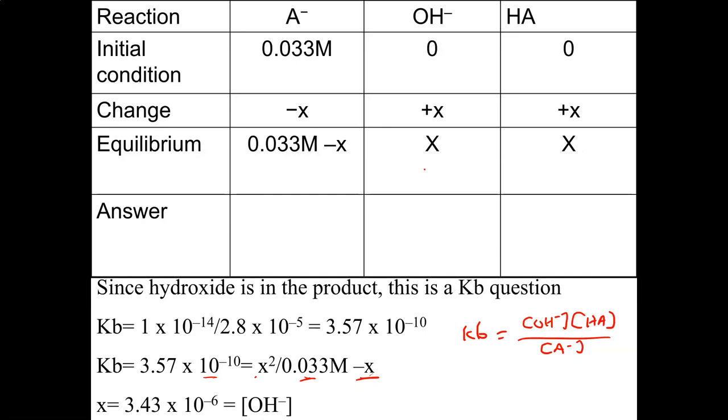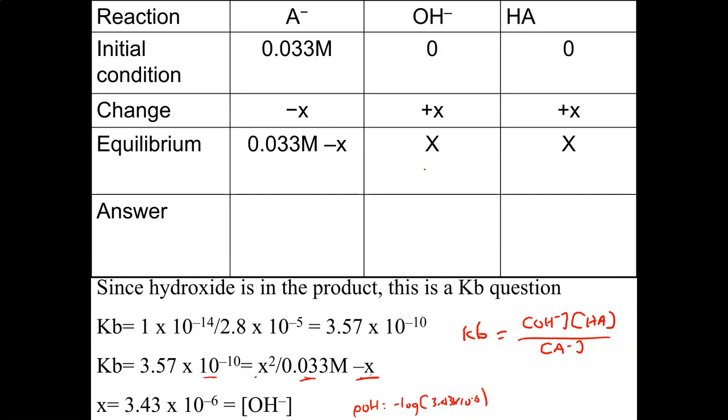So now I have an OH, and now I can figure out the pOH and then figure out the pH, and that's what I'm going to do. So my pOH would be, I think they only asked for hydroxide, right? But let's say you had to do the pOH. So pOH is equal to negative log of 3.43 times 10 to the negative 6.